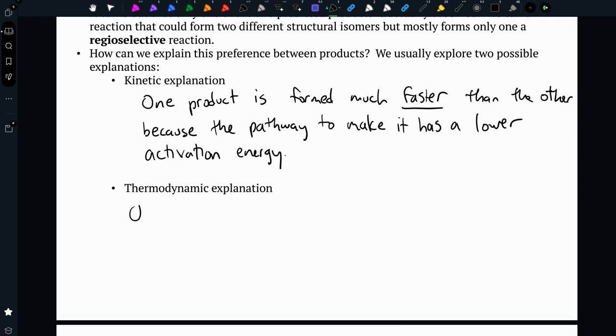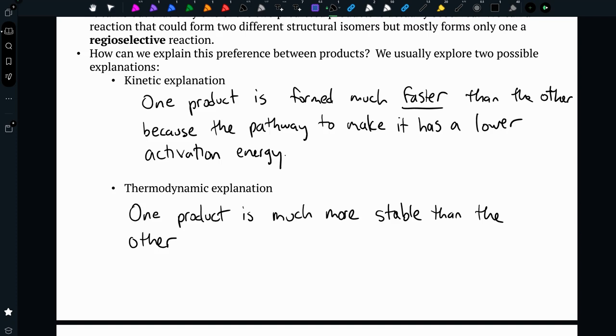So a thermodynamic explanation is that one product is much more stable than the other. So when the mixture reaches equilibrium, there's more of that product.